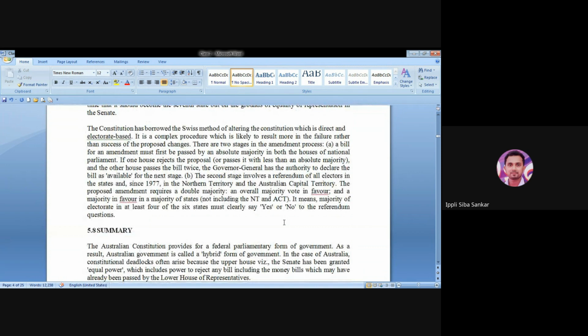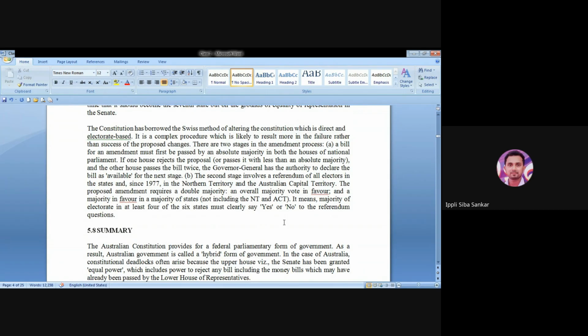The constitution has borrowed the Swiss method of altering the constitution, which is direct and electorate based. It is a complex procedure which is likely to result more in the failure rather than success of the proposed change. There are two stages in the amending procedure.